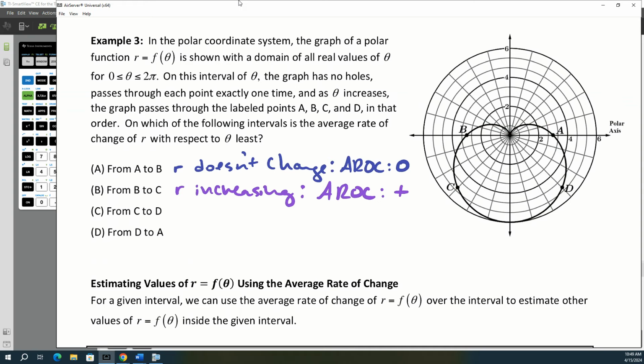All right, how is r changing from C to D? Does it change at all, or is it the same circle? It's the same, so r doesn't change. So the average rate of change is 0 again.